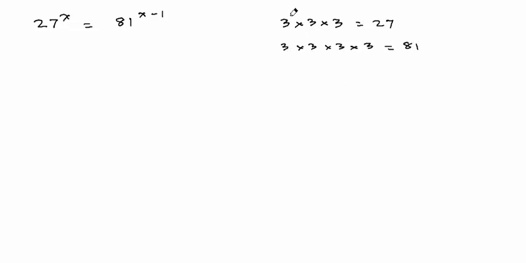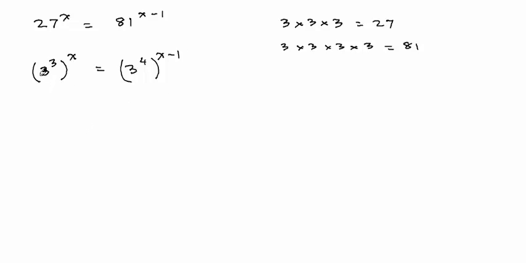So we are going to replace this 27 with 3 multiplied with itself 3 times, which means 3 raised to the third power, and then that has been raised to the power of x. And on the other side, 81 is 3 raised to the fourth power because we have 4 3's in the multiplication sentence. And that's raised to the power of x minus 1.